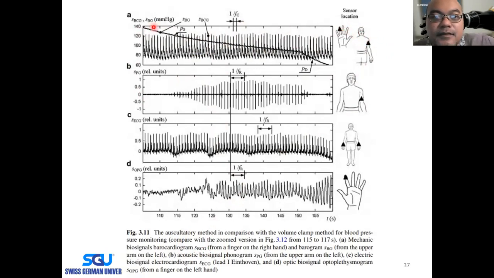The big black line here indicates the barogram, while this sharper one indicates the optoplethysmogram signal.